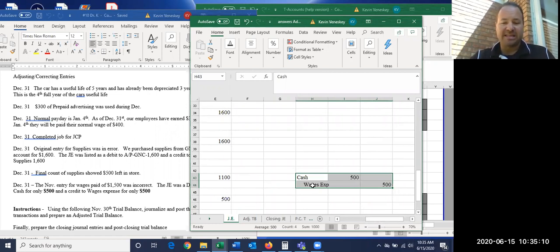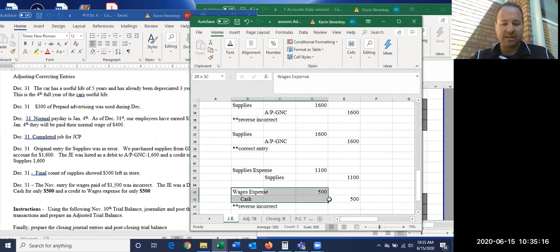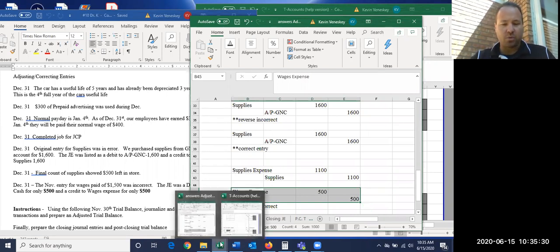So we're simply just going to debit our wage expense and credit the cash. And that's what I did here in my real entries. Debit the wage expense and credit cash. So I need to put that into my journal or my T accounts as well.